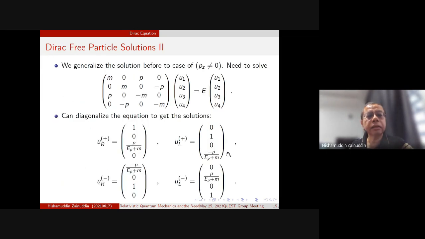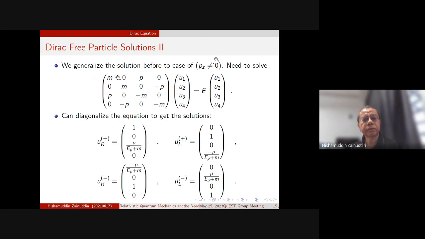Then we try to generalize the solution a little bit. Again, we are not generalizing in the most general sense. We take one of the momenta to be non-zero, and the rest of the momenta are zero. Here in this case it is your z component. Then you get your Dirac equation in this particular form.